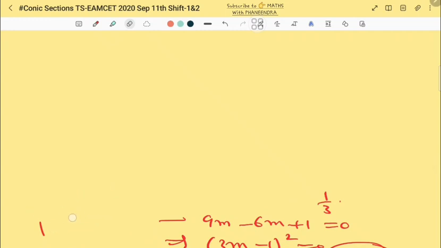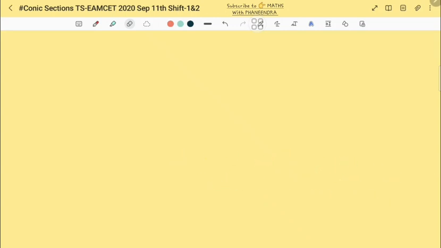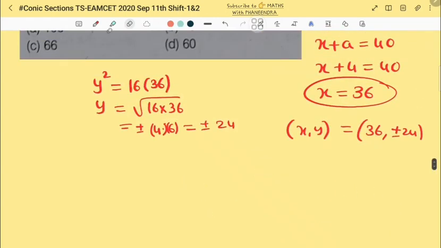Here the question is normal related, no? So what we can do is, after getting the point, this point is there, no?